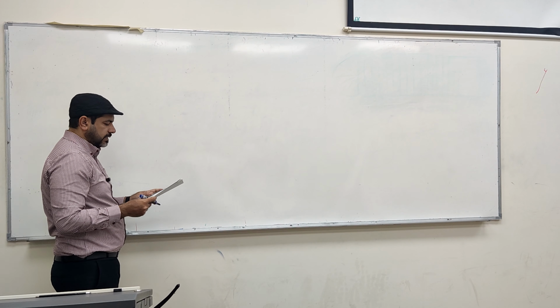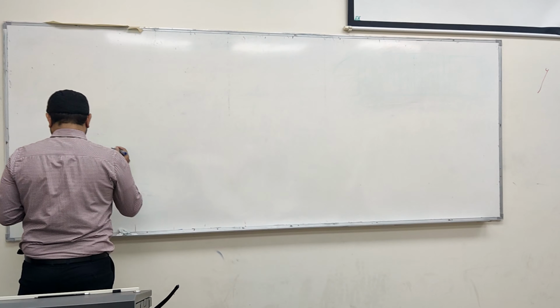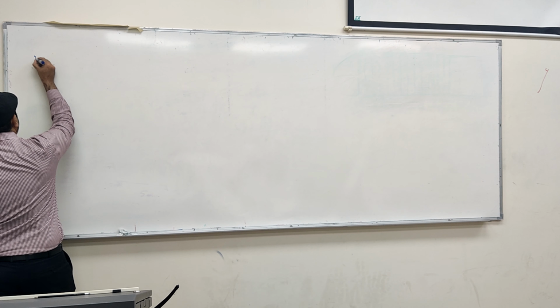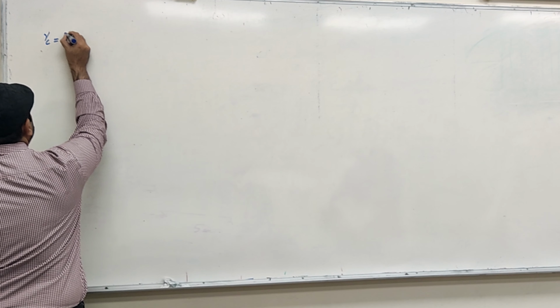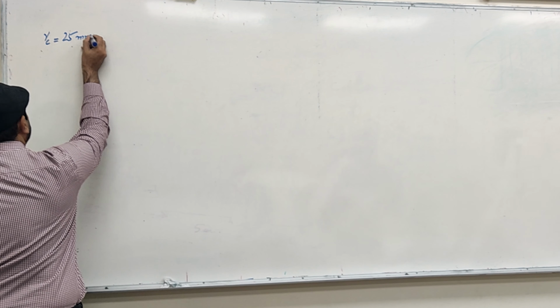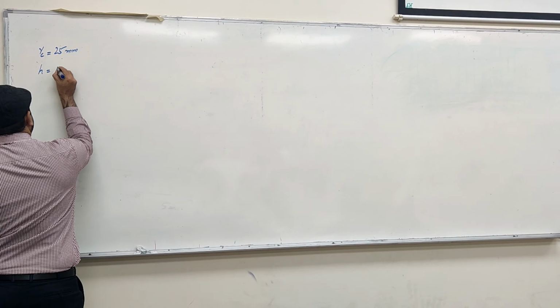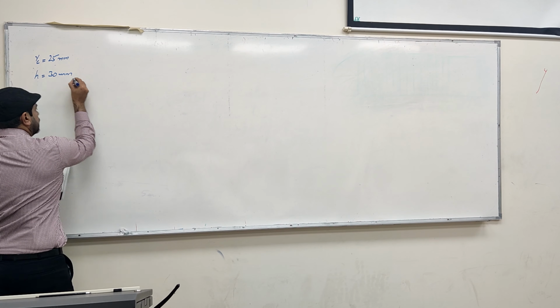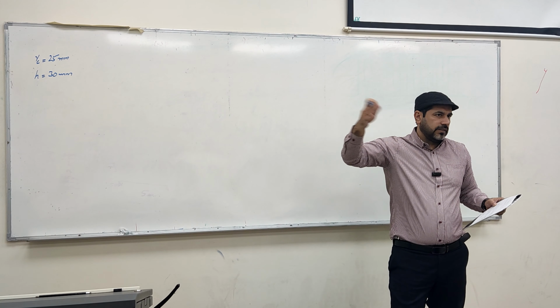The minimum radius is how much? 25. So we say RC, which is the cam minimum radius, 25 mm. The lift, which is H, is 30 mm. And you do remember that most of the time I'll give you these lines.